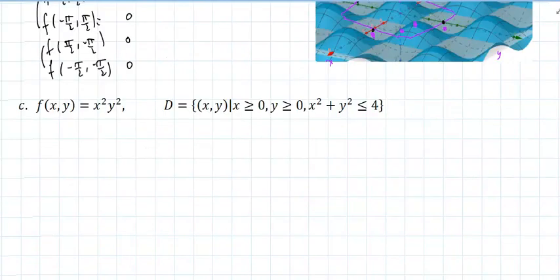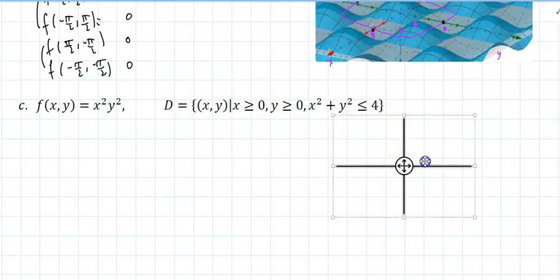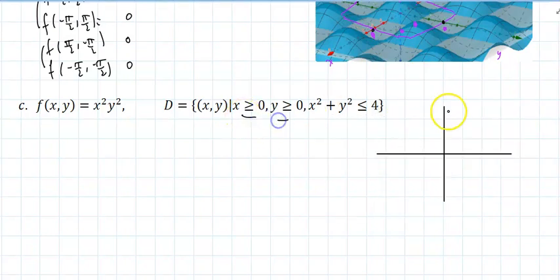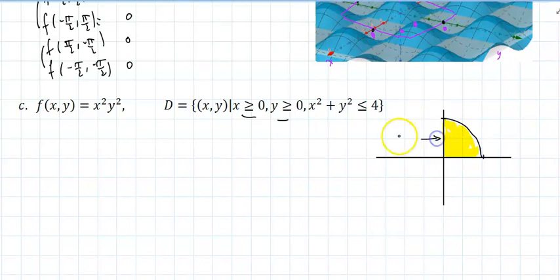Now, the next problem up, I modified that slightly. We're looking over a region. The region is x is positive, y is positive, and we're looking at inside of this circle. So if I go 2 units above, 2 units below, we're talking about this piece of the circle. Well, first, f sub x is 2xy squared.